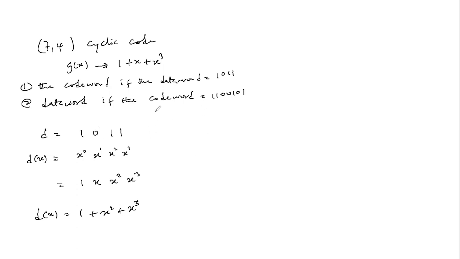Now, we know that the code word is given as the message bit times the generator matrix.